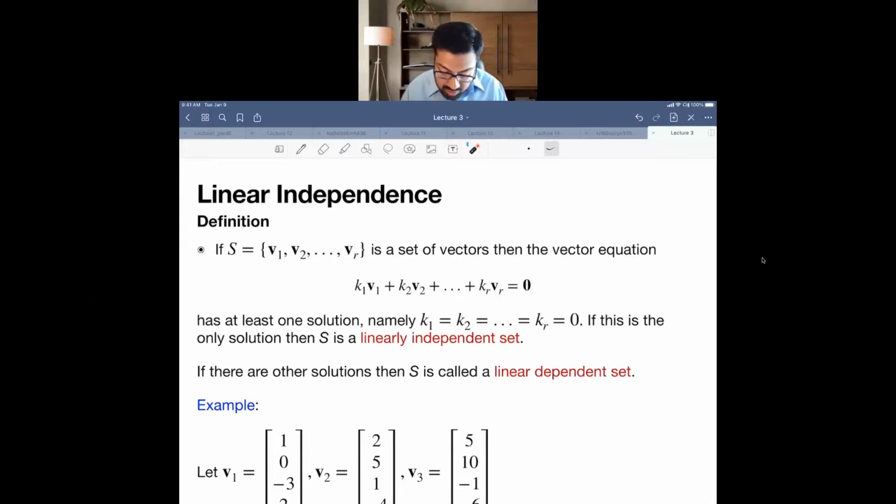This is a linear combination of the vectors. Setting it equal to 0 gives us a vector equation.